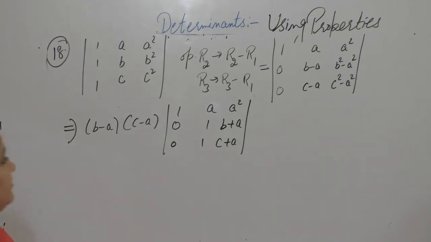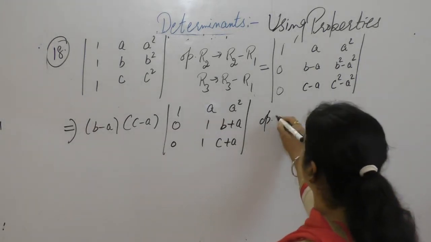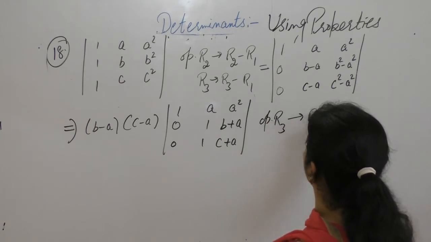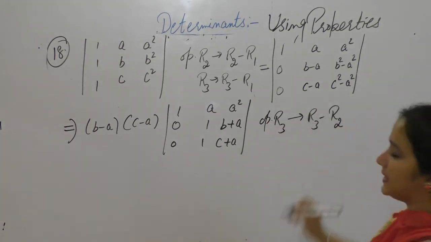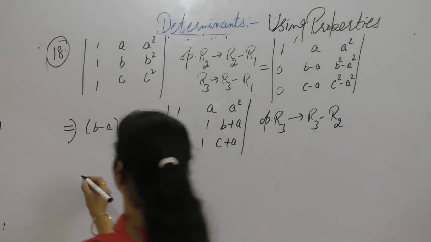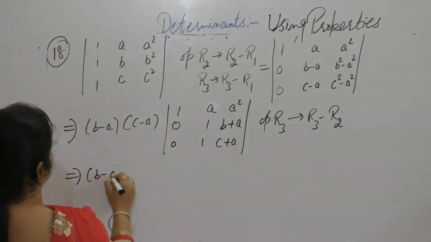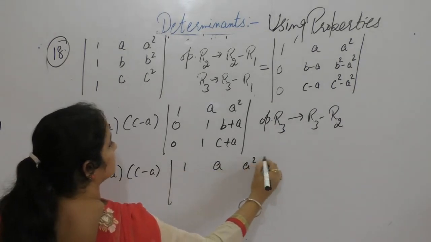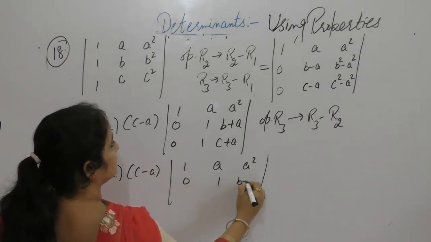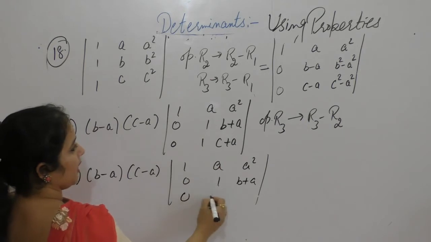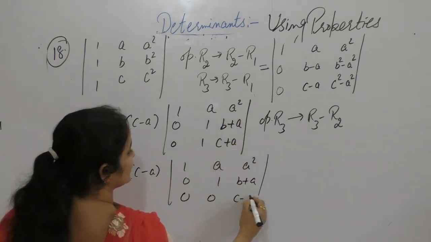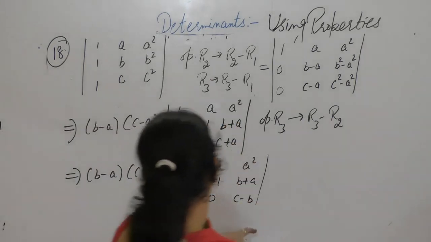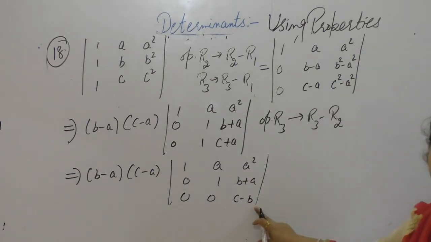Now in the next step, operate R3 as R3 minus R2. Zero minus 0, 1 minus 1, and a will get cancelled, leaving c minus b. Now take c minus b common from here.